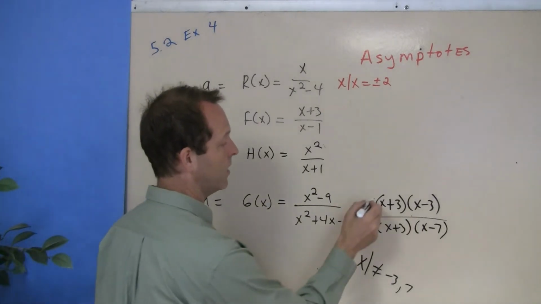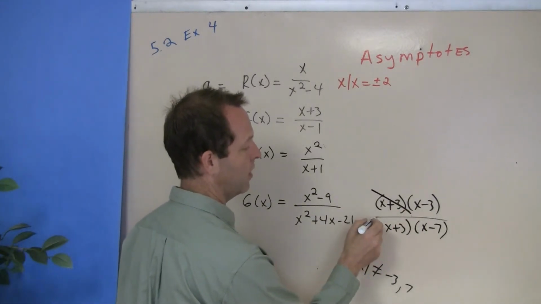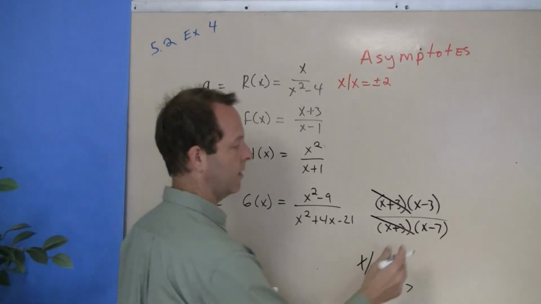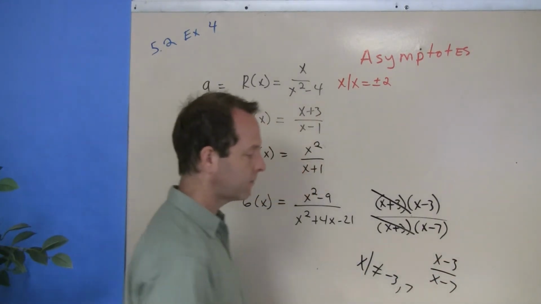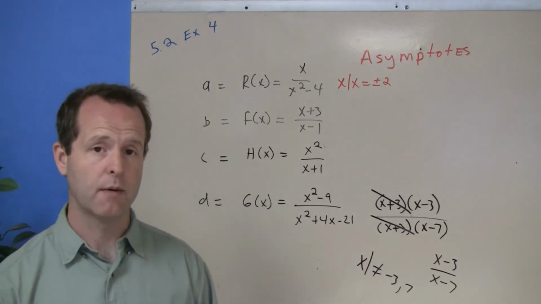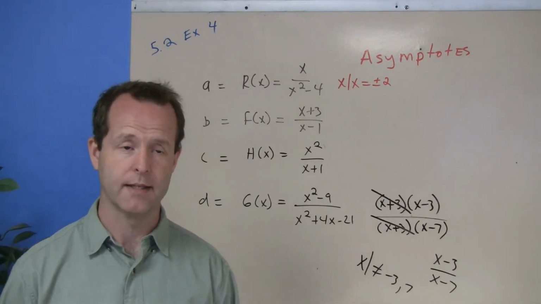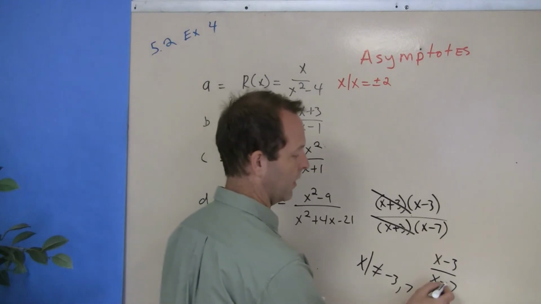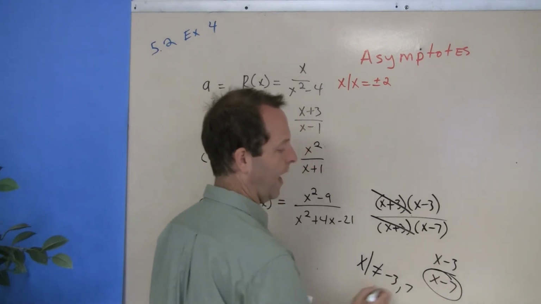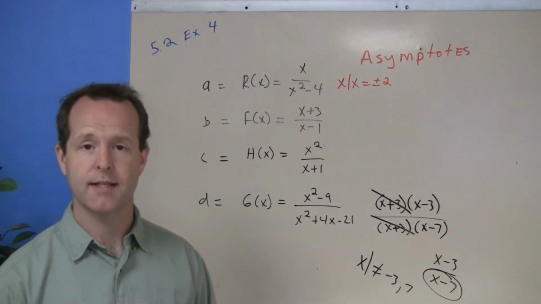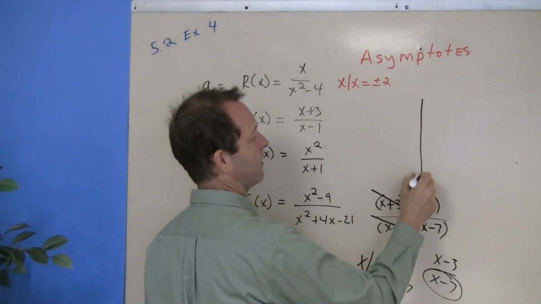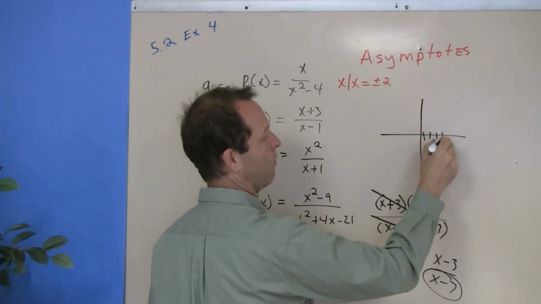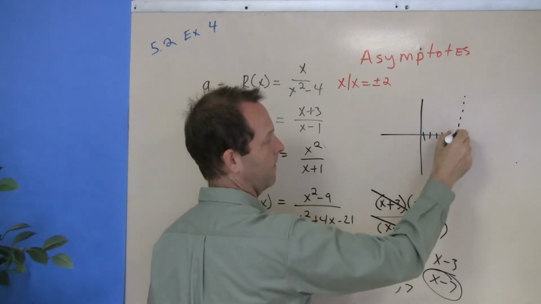Once I reduce the rational expression all the way down to lowest terms, that is x minus 3 over x minus 7, I can determine where its vertical asymptote is. It has one, at the point where x minus 7 equals 0, or at x equals 7. 1, 2, 3, 4, 5, 6, 7.